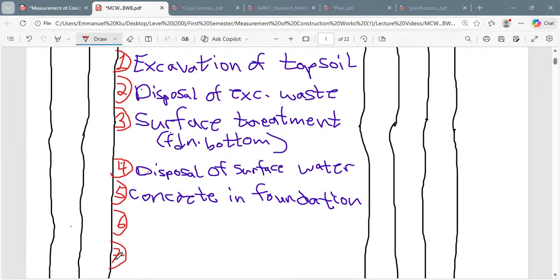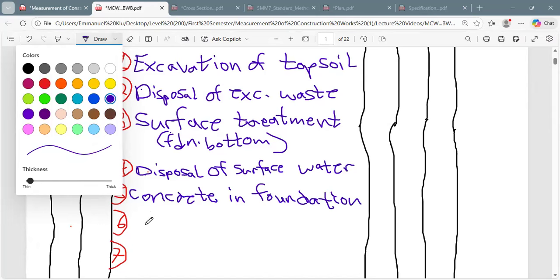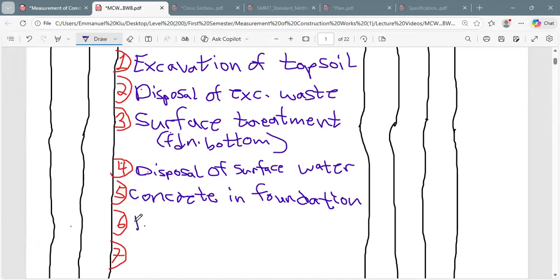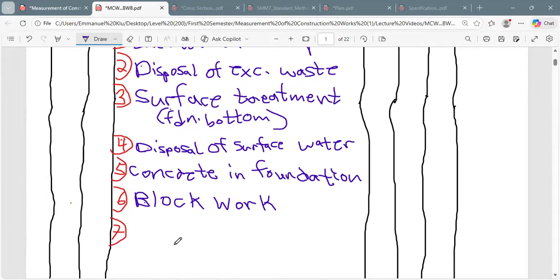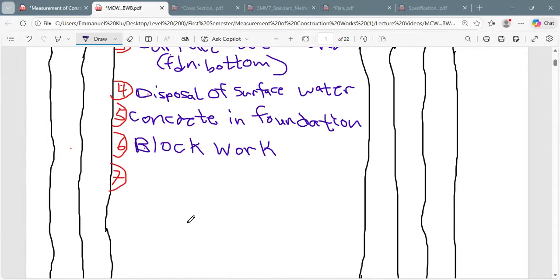After concrete in foundation, we have to do block work. Then after the block work, we also have to come and do hardcore filling.